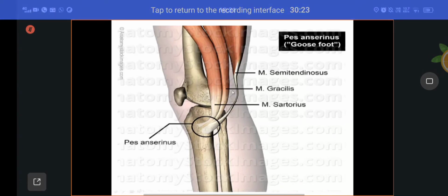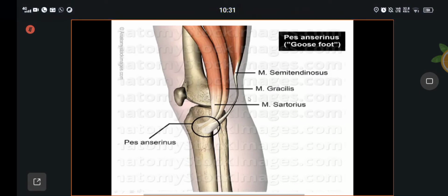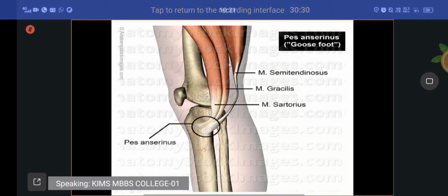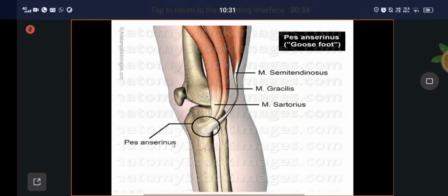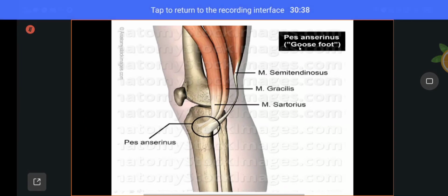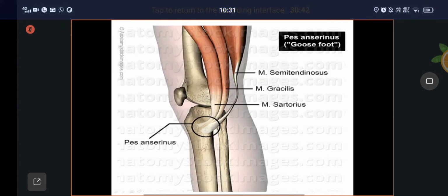This is the anterior end because patella, tibial tuberosity, first sartorius from the anterior compartment, gracilis from the medial compartment, semitendinosus from the posterior compartment, separated from one another by means of pes anserinus or anserine bursa.